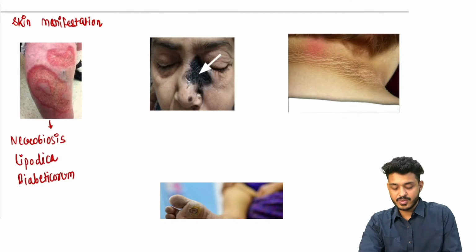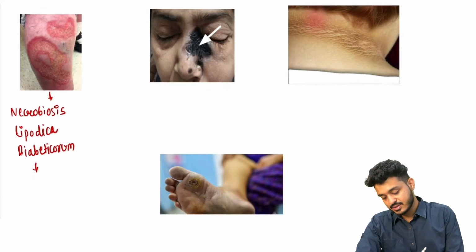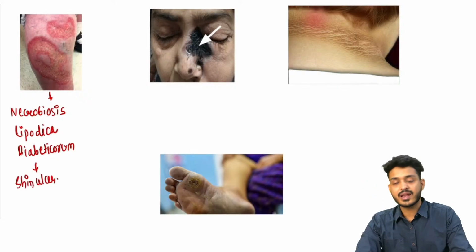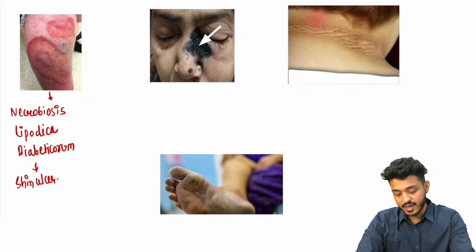This is the first complication that you can have. Here you will be having ulceration on the shin. You can have this type of shin ulcer. This is known as necrobiosis lipoidica diabeticorum.